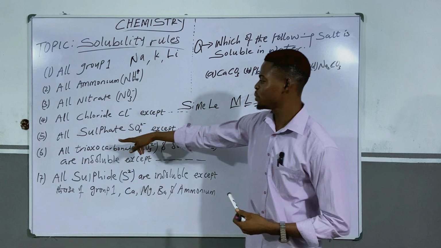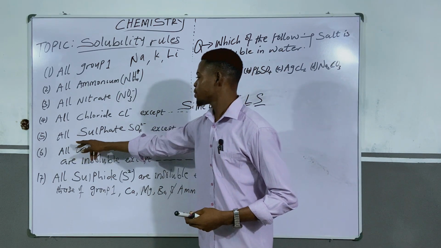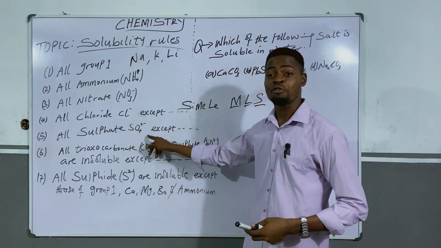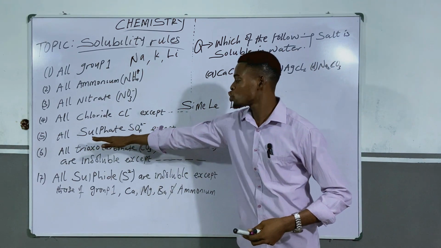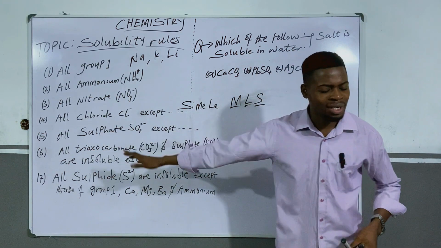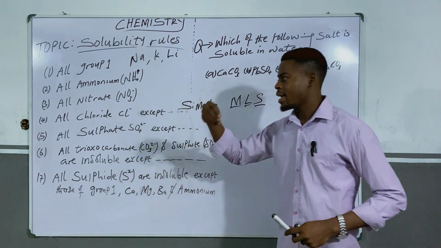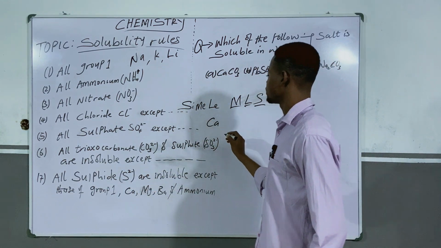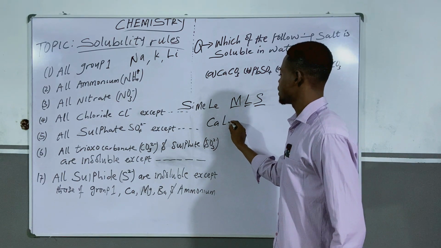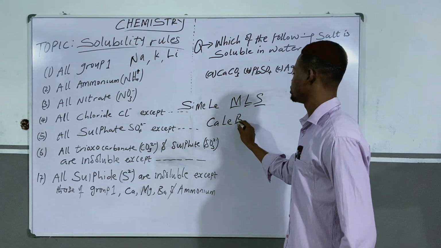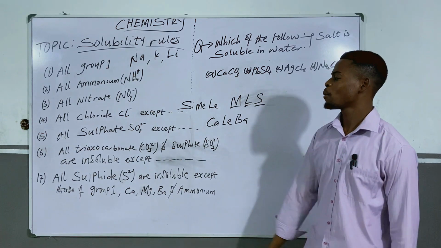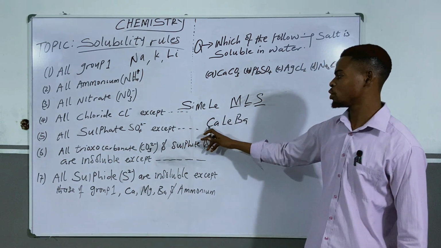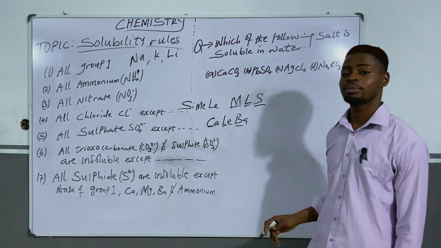Then let's go to rule number 5. All sulfates, that is compounds with the SO4 ion, are soluble, except those of calcium, lead, and barium.